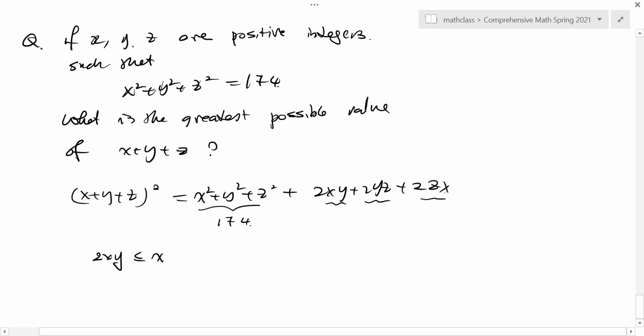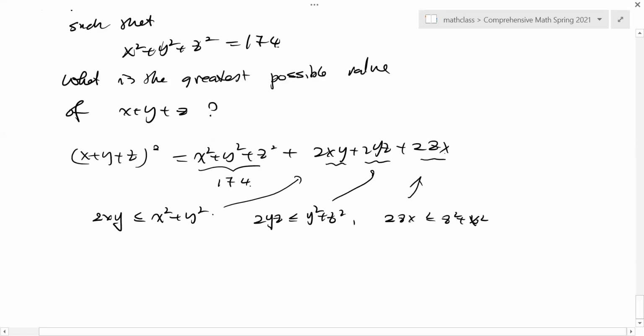2xy is less than or equal to x squared plus y squared. Okay? So 2yz is less than or equal to y squared plus z squared. And 2zx is less than or equal to z squared plus x squared. So if you put that together, you will get x plus y plus z squared is less than or equal to 174 plus that.